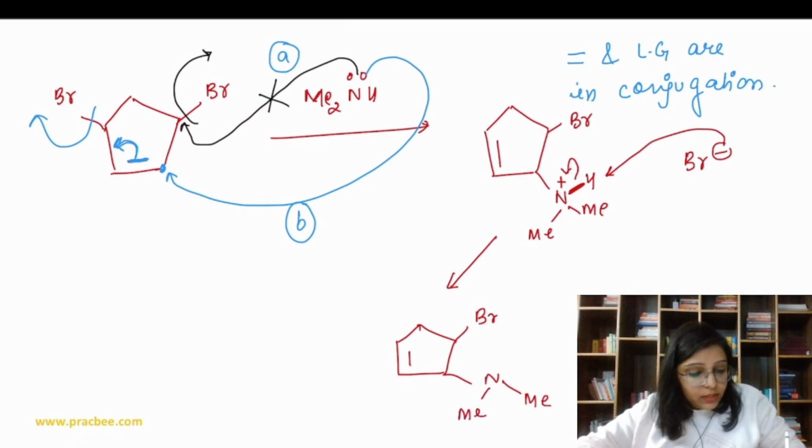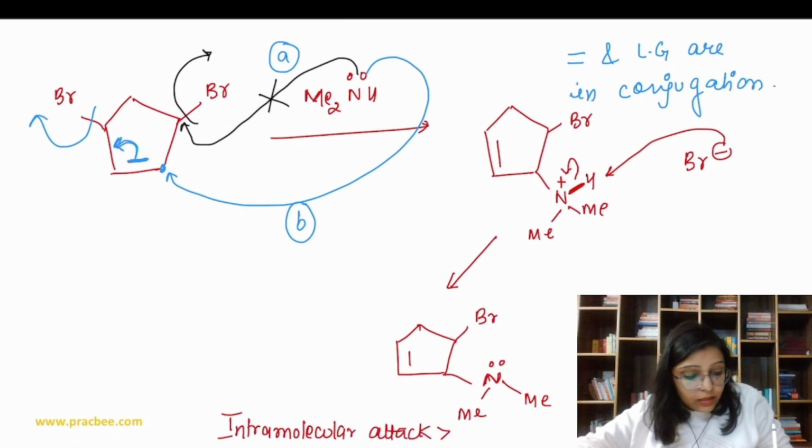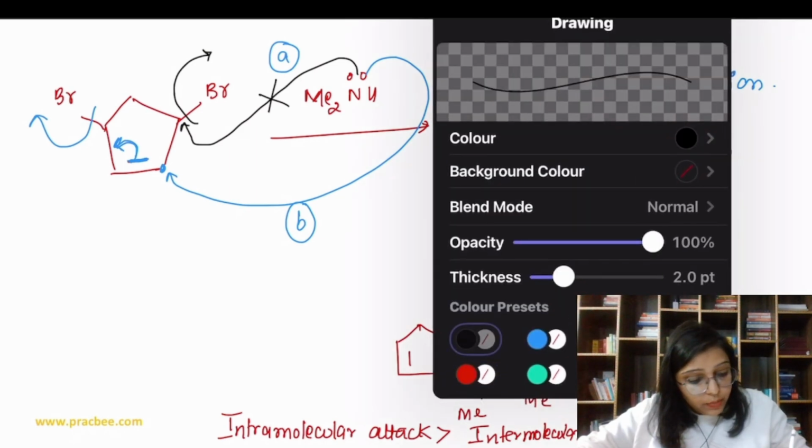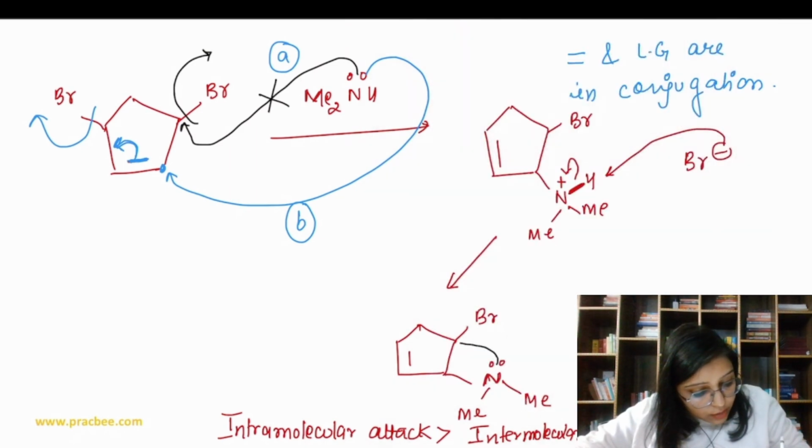And now what happens? Nitrogen has a lone pair again. We know that intramolecular attack is faster than intermolecular attack. Intramolecular attack is faster than intermolecular attack. So what happens here? The nitrogen lone pair attacks on this carbon because this is delta positive, delta negative, and Br leaves.